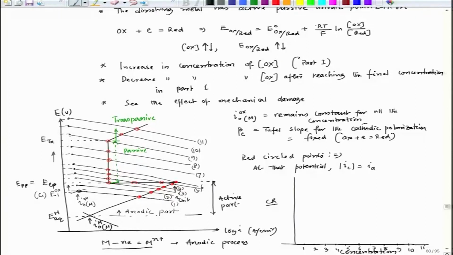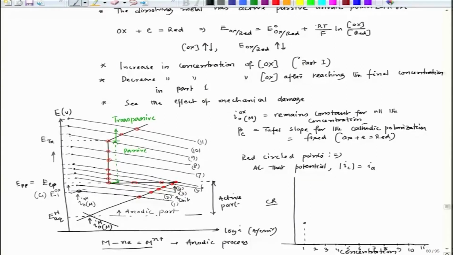Now, if we consider this, the corrosion rate is at this point, let us say this is the point to start with. As we are going to higher and higher concentration, the corrosion rate is increasing.